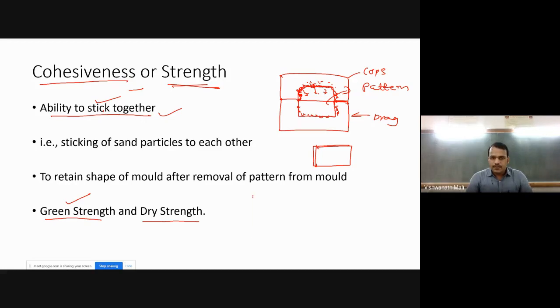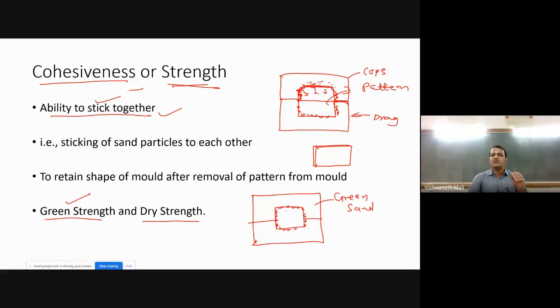So when we prepare the mold and remove the pattern, this is now green sand, and the parts are not falling. The sand particles around this are not falling. It has good strength. That strength is called green strength. When your molding sand has some moisture, means it is fresh sand, and you have prepared the mold and your mold has good strength, that strength is known as green strength.